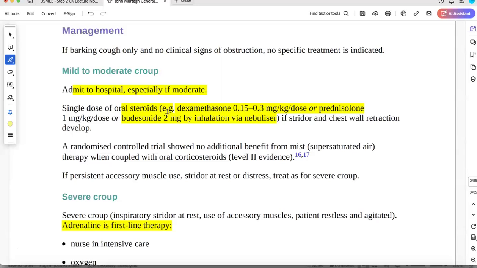Again, for the mild to moderate group, you start with a single dose of steroid. If after half an hour the child is stridor free, then the child can go home with a second dose of steroid the next day if there is still a bit of symptoms.